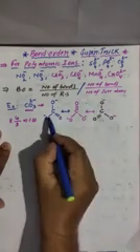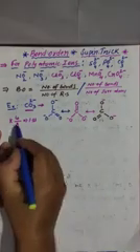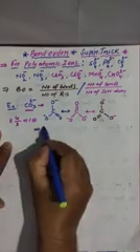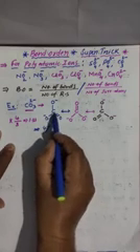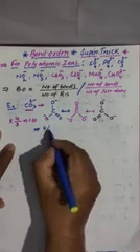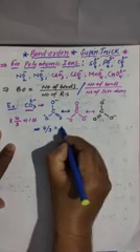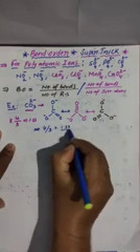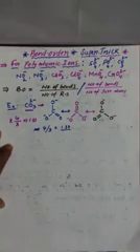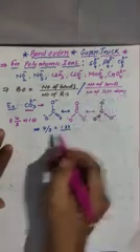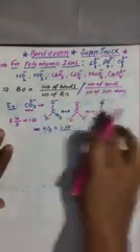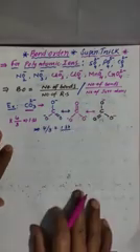Number of bonds, how many? 1, 2, 3, 4. So 4 bonds, by surrounding atoms. How many surround the central atom? 1, 2, 3. So 4 by 3, equal to 1.33. So the number of resonating structures is equal to the number of surrounding atoms. This is the system; no need to draw the resonating structure.